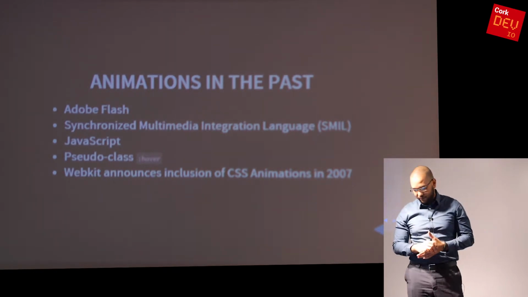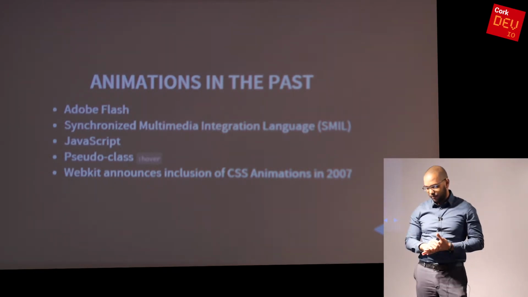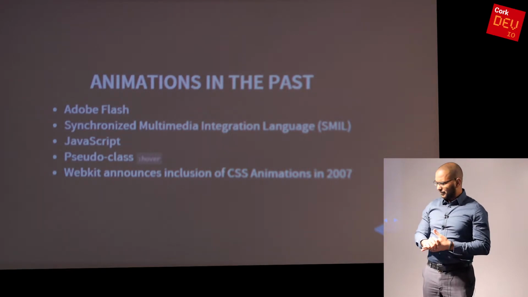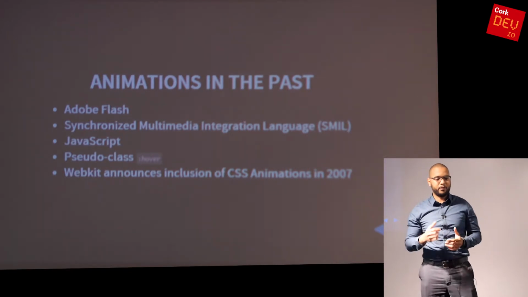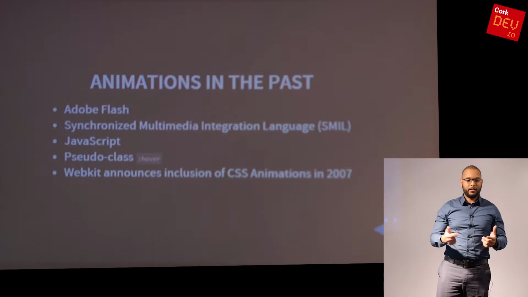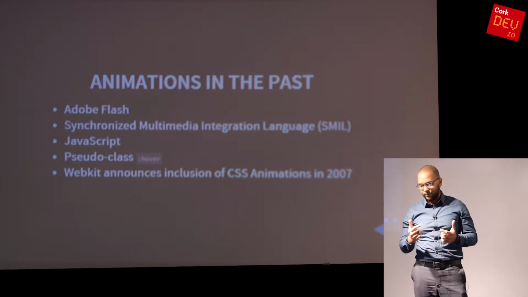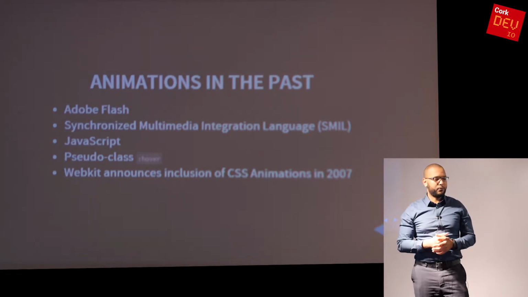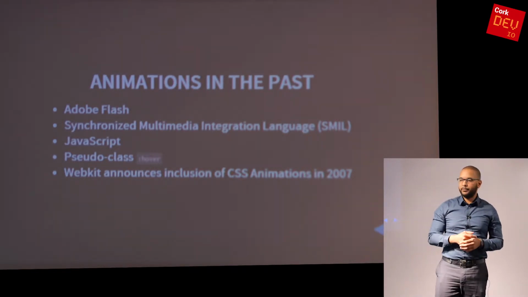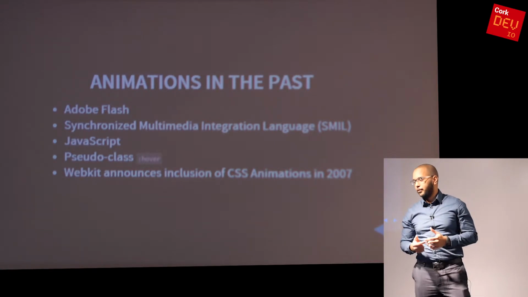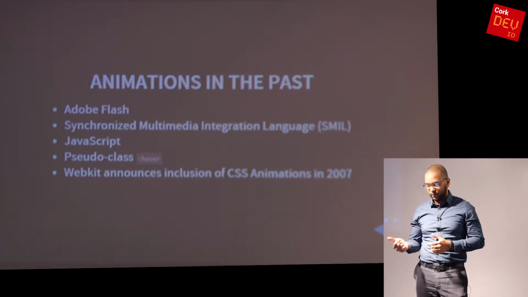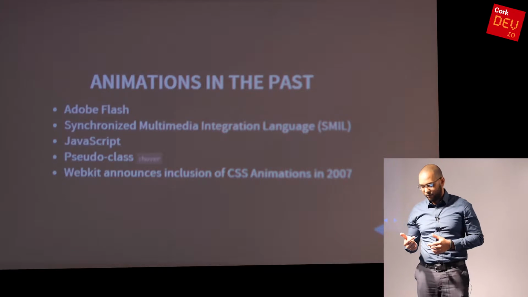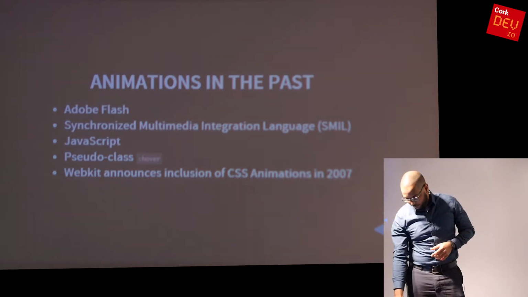Then you have something like Synchronized Multimedia Integration Language, or SMIL, which lets you send media objects to the client, coordinate them and make them appear as a whole. But it's not supported in any IE version, and support in other browsers is being dropped in favor of the Web Animations API, which we're going to be taking a look at today.